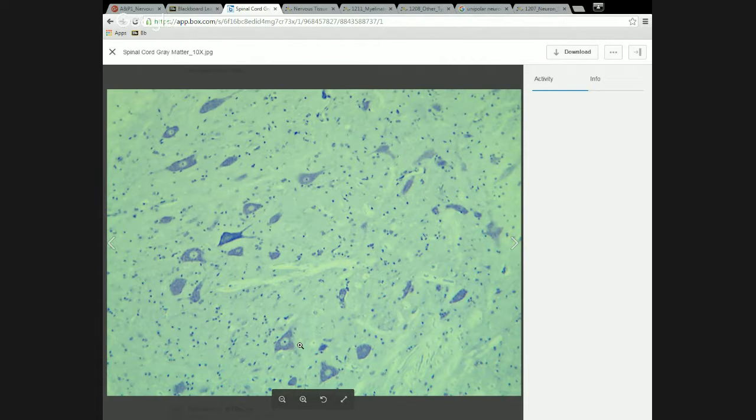It's what's called a Nissl stain, N-I-S-S-L, weird little name. It's the name of a scientist who, I don't remember exactly, but I think he's from somewhere in the Eastern Europe area originally. He's of course dead now.